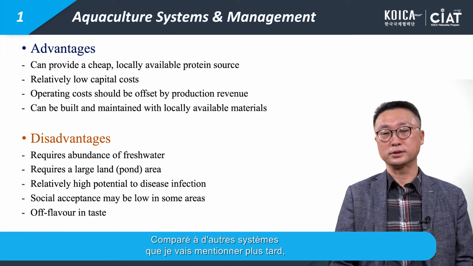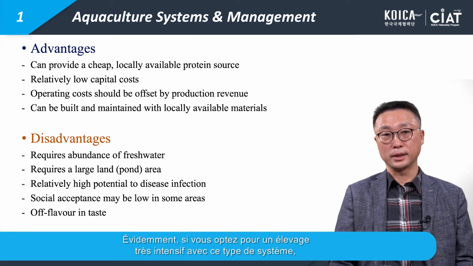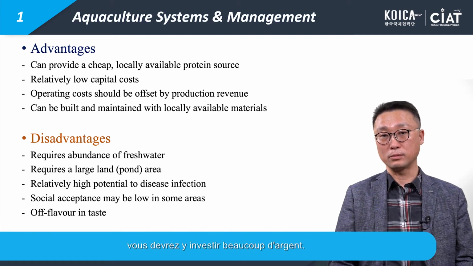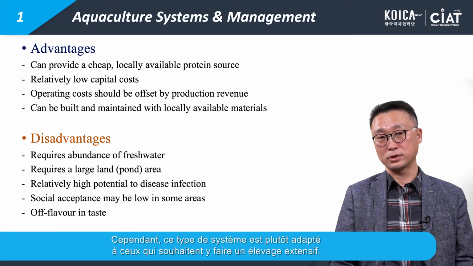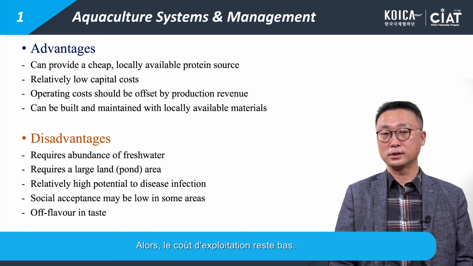Compared to other systems we will talk about later, this system usually has really low investment in operating, because when you go with really high intensive aquaculture with this type of system, you will of course have to put a lot of money into it. However, this type of system usually goes with an extensive manner of culturing, so it doesn't need a lot of operating costs.